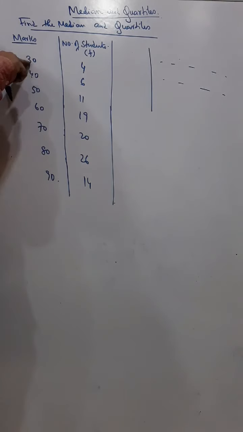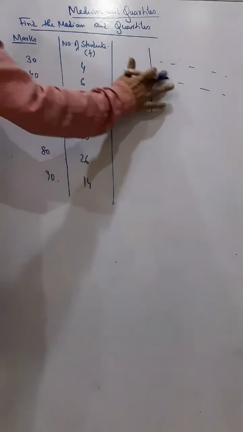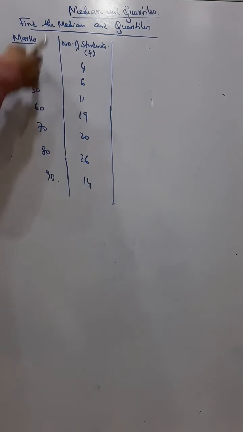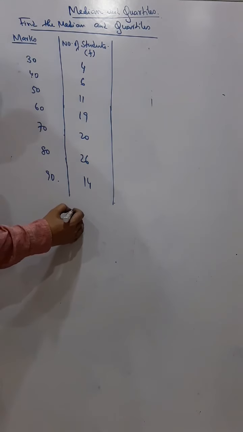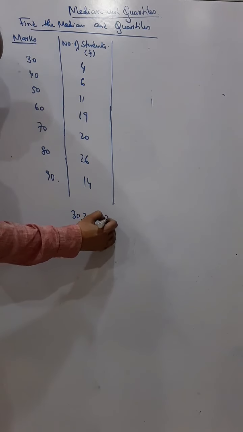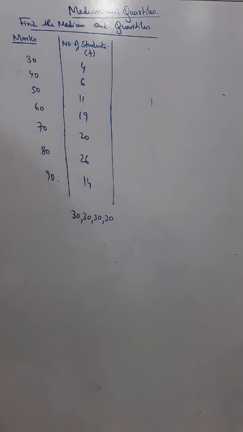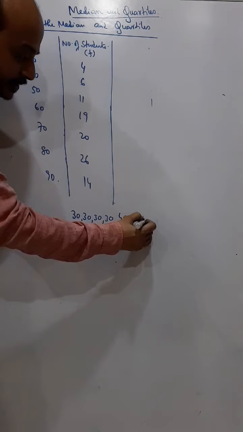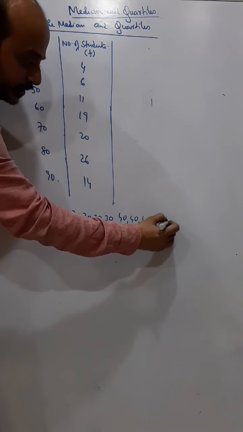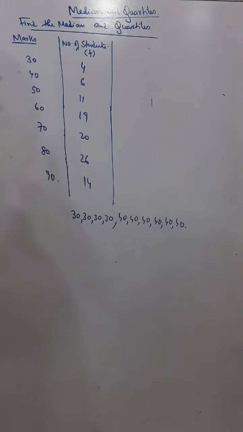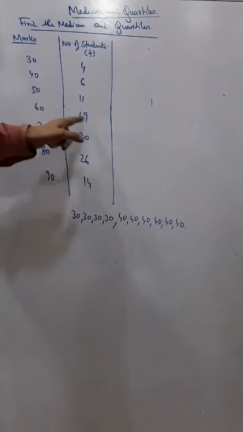Now when I say 34 students got 30, that means if I want to write all the terms in ascending order, I have to write 30 and then 30 and then 30, 34 times. After that 40, 46 times, so I will write 40, 40, 40, 40 and so on. Then 50 11 times, then 60 19 times.